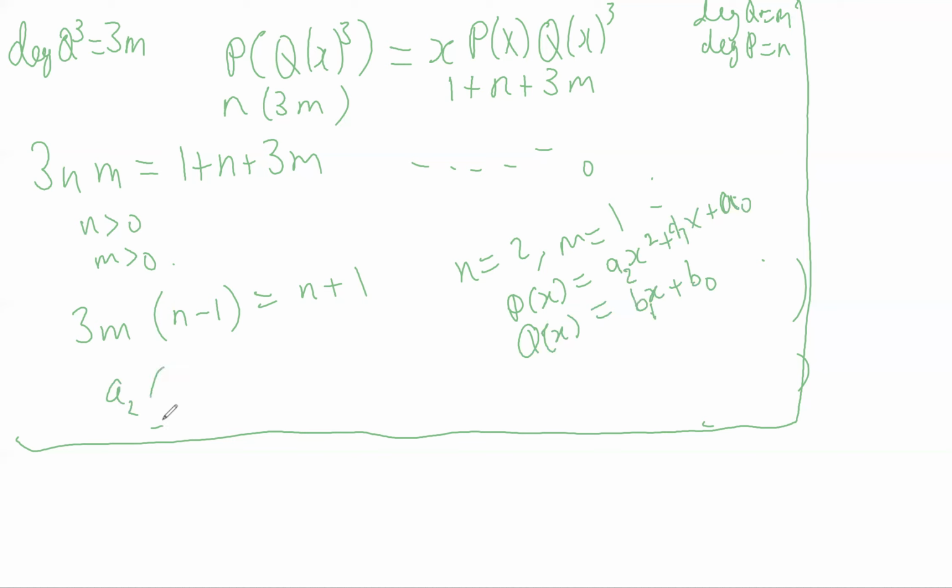So you get a2 times (b1x plus b0) cubed plus a1 (b1x plus b0) equals x times (a2x squared plus a1x). So maybe the other stuff wasn't a total waste of time. It does save some computations.